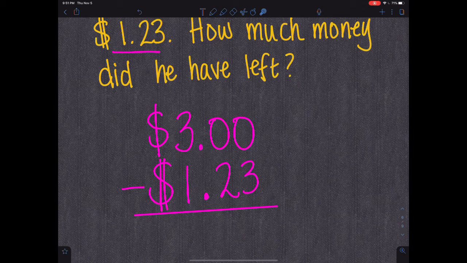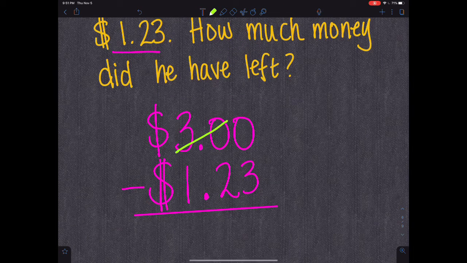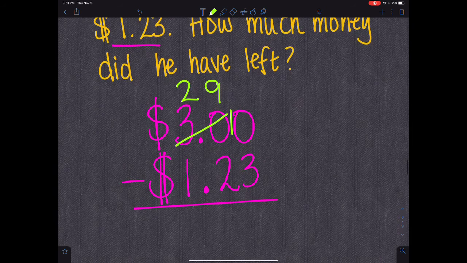And instead of writing 30, I'm going to change this to 29. And then I'm going to put the 1 right there. So I basically borrowed 1 from the number 30 and I made it 29. And you can do that when there's a 0 right there and you're subtracting across 0.